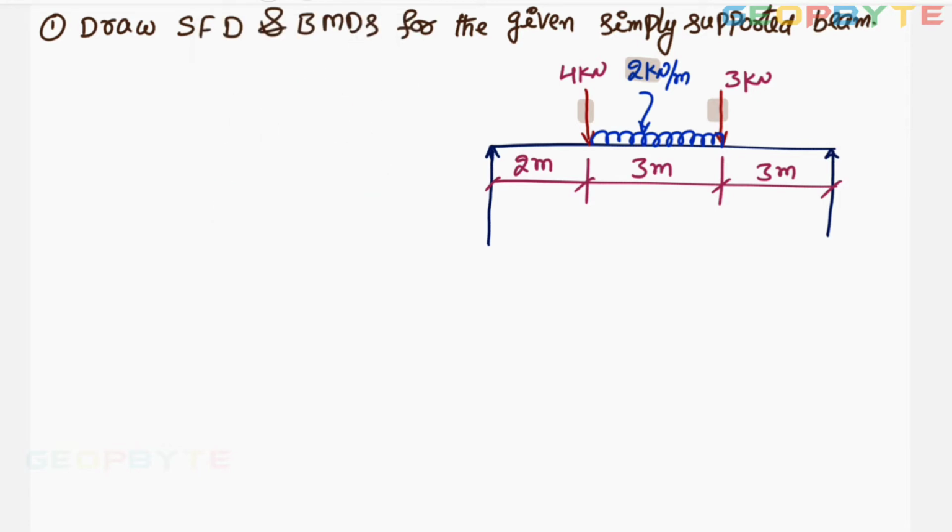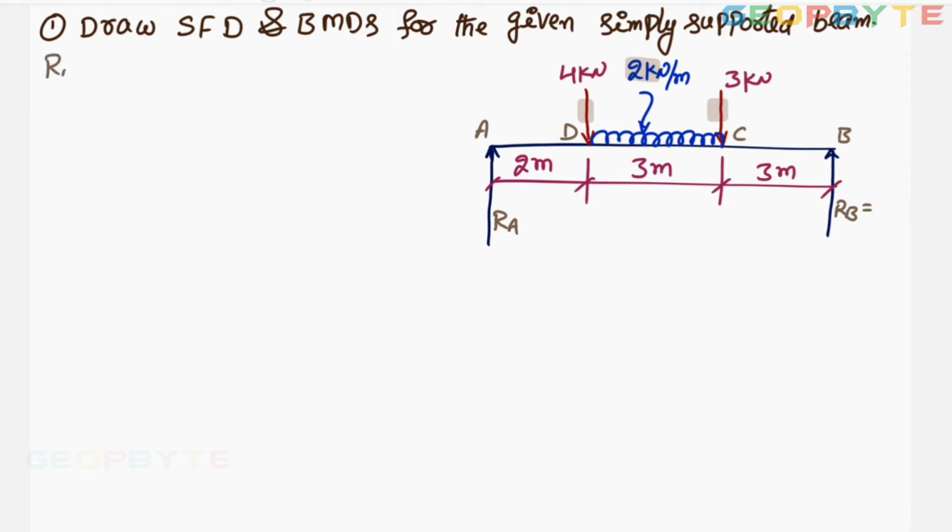For that, let us mark the points like A, B, C and D. Before going to find the shear force values, you need to find the reaction at A, that is RA, and reaction at B, that is RB.